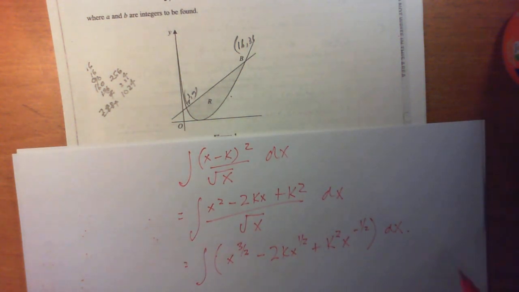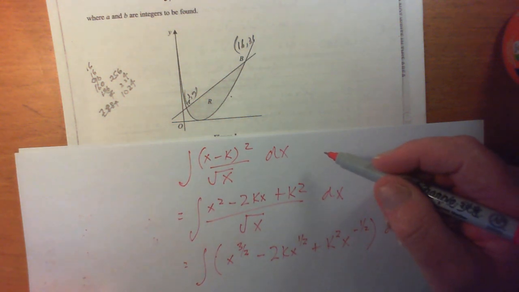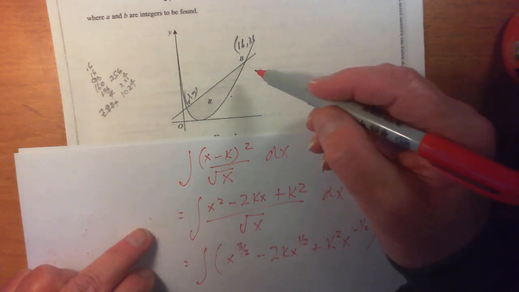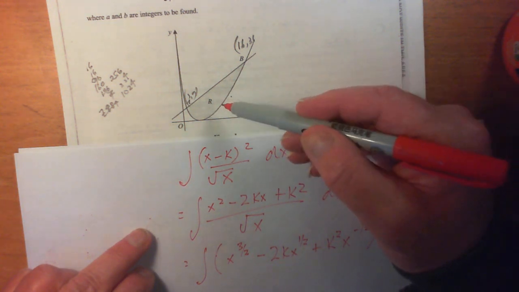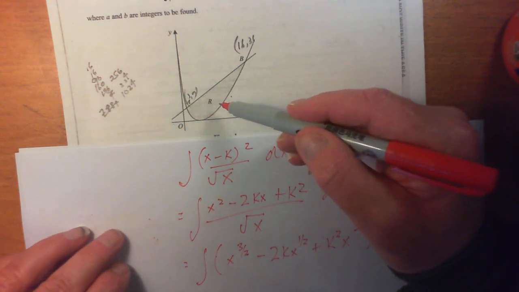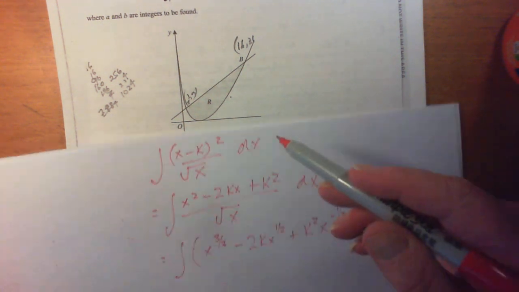Now you need to be aware of what that shows. I'm assuming that you're trying to find out what R is. That's the final bit: find the region R.